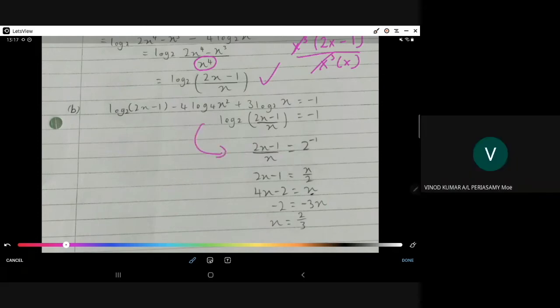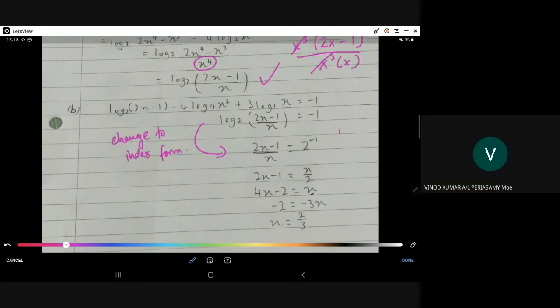And the 2x minus 1 over x is what we got after calculating. So 2 to the power of negative 1 means 1 over 2 to the power of 1.